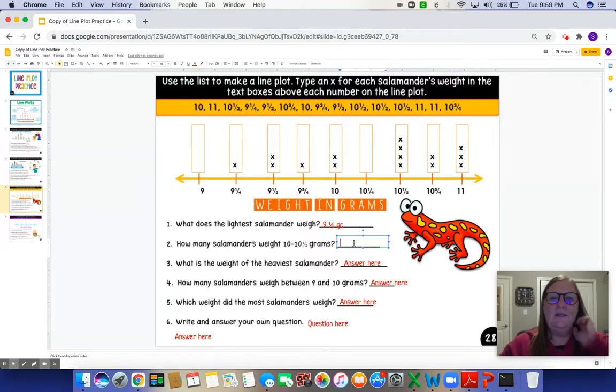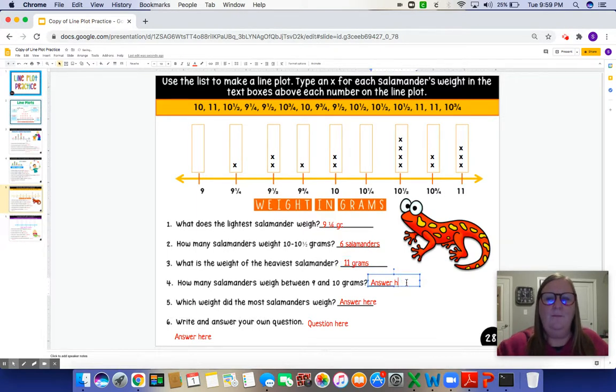So I'm going to say 6 salamanders. Okay. What is the weight of the heaviest salamander? So again, the lightest starts on the left, so the heaviest is going to be on the right. So the heaviest salamander weighs 11 grams.